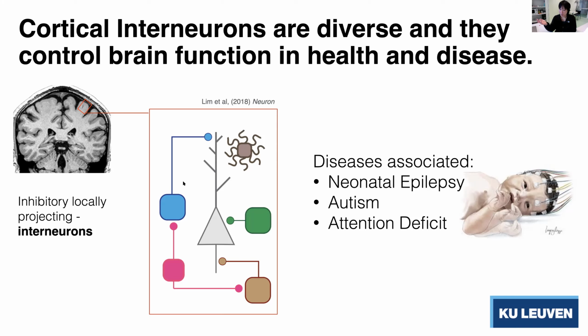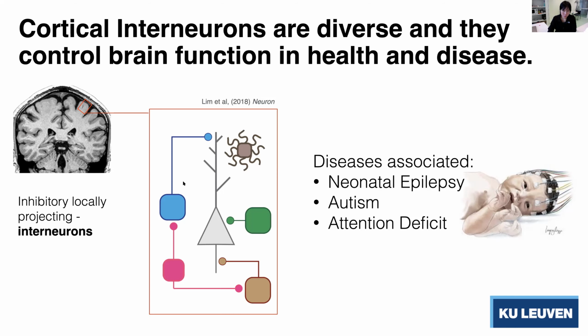This gating mechanism is also important because it prevents the cortex from going into overdrive due to excessive excitation. As such, defects in the development of this cell type have often been associated with major developmental disorders such as epilepsy, autism, and attention deficit disorders.